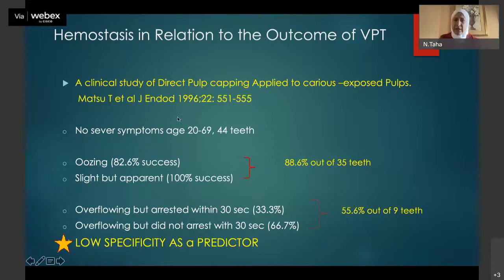It's a highly quoted study, but actually, if you look at the design, you find that bleeding has a low specificity as a predictor, because even with the cases that had oozing over 30 seconds, 50% of them would heal. And what's 30 seconds in terms of oozing from a pulp exposure for direct pulp capping compared to the bleeding we get in pulpotomy? So you can't apply his study to pulpotomy or partial pulpotomy.